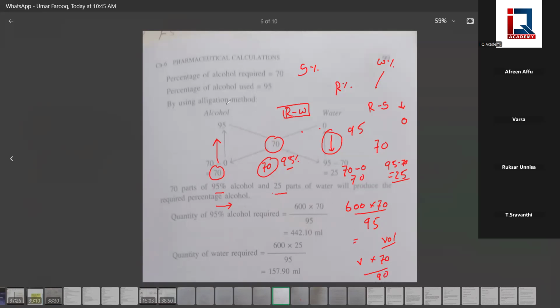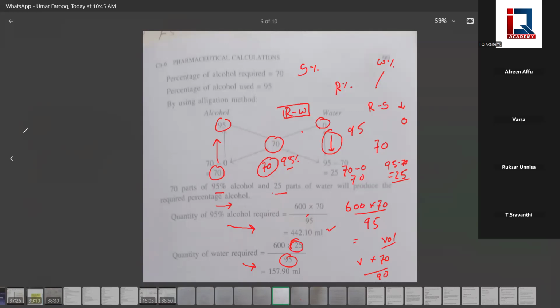What are the total parts? 95 plus 0, so 95 parts. So I got 600 into 70 by 95, that is 442 ml of 95% alcohol, and 157 ml of water.